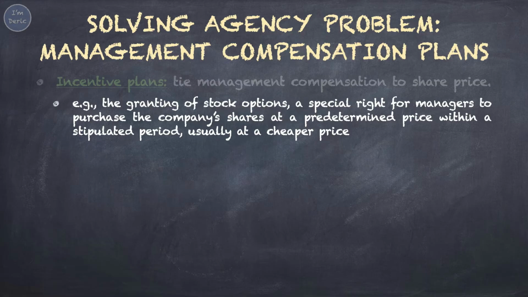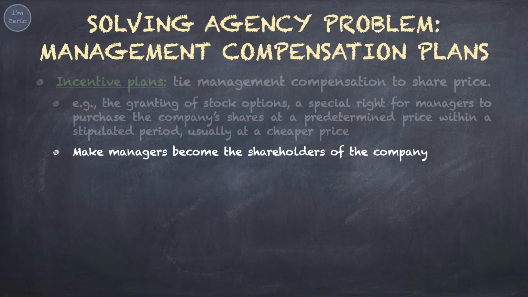Managers are given a special right to purchase the company's shares at a predetermined price within a stipulated period, usually at a cheaper price. For the managers that receive stock options as their bonus reward, now, they become the shareholders of the company. Most likely, they will put an effort to work their best to make the share price go up, so that they can earn the best return from the stock options.